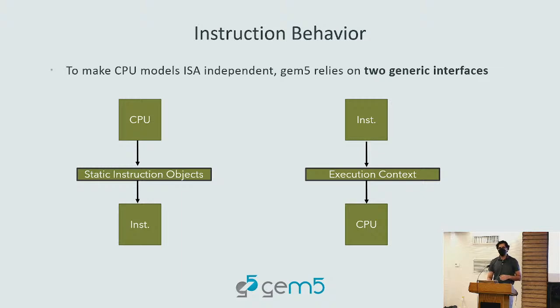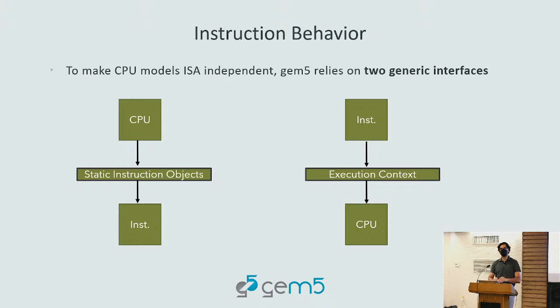But before we do that, we need to understand another important concept, which is how do the CPU models and the ISA components talk to each other? Or what's the API between the two? Primarily, there are two generic interfaces: static instruction objects that are used by the CPU to access the instructions, and the execution context interface that is used by the instructions to access the CPU.